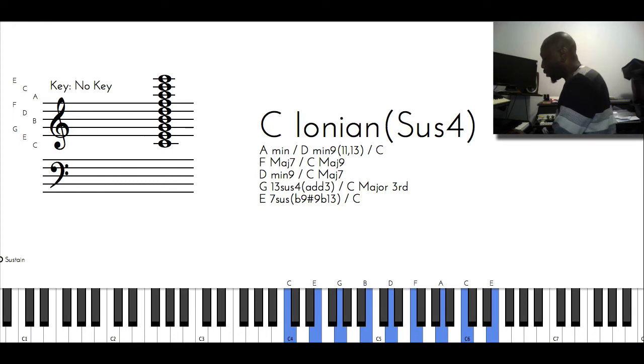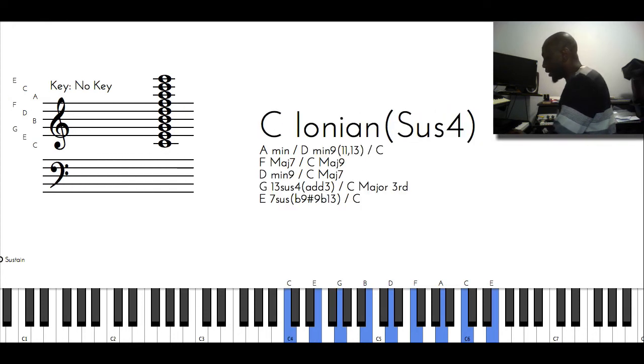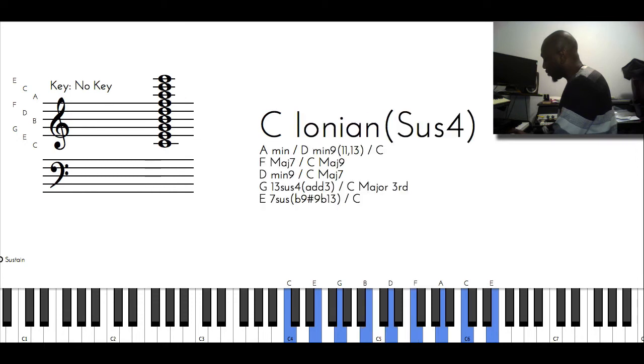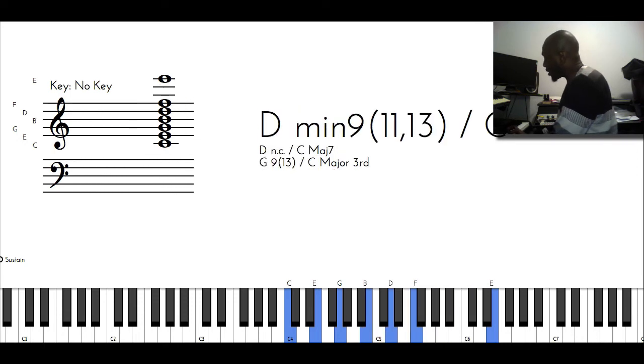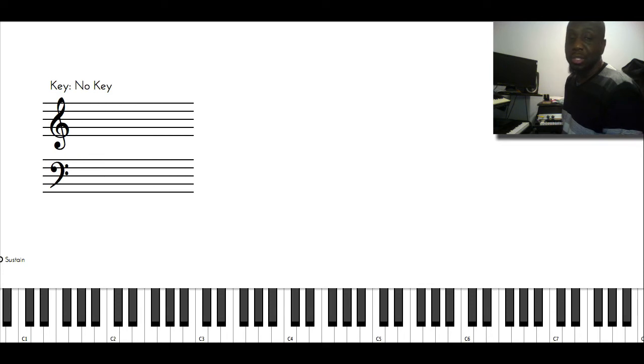So I look at the chords, I see the C major chord here, I see the E minor chord here, I see G major, I see B diminished, I see D minor, I see F major, and I see A minor. Now by doing this, I start to see patterns, so I can create lines and really cool melodies and stuff.